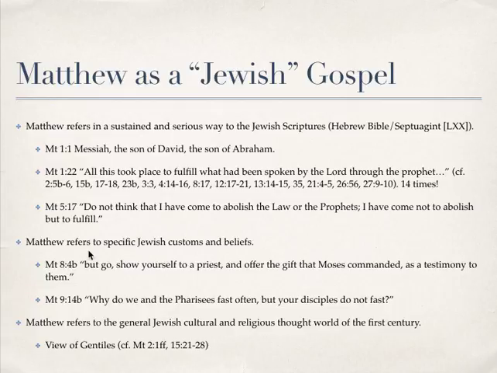And then in Matthew, he refers to specific Jewish customs and belief. Chapter 8, verse 4, "But go, show yourself to a priest, and offer the gift that Moses commanded as a testimony to them." There is no explanation in Matthew 8:4 that describes what this is.